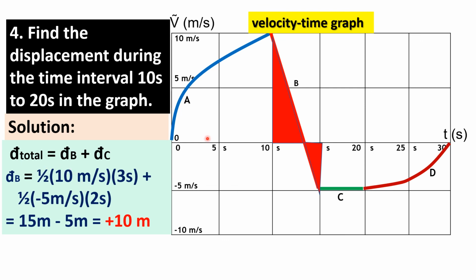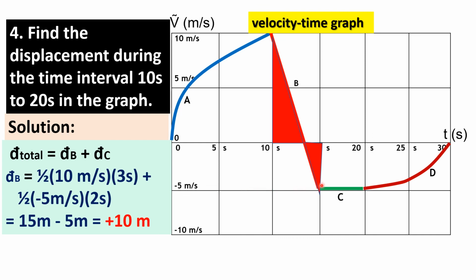Now, the only difference in determining the displacement during this time interval, if you notice in our solution, is that for the distance earlier, we did not consider the sign of our velocity. This time around, as you can see here, we use negative 5 meter per second. Why is that so?